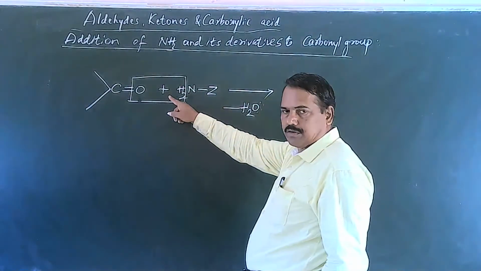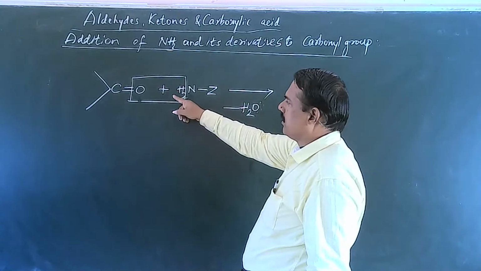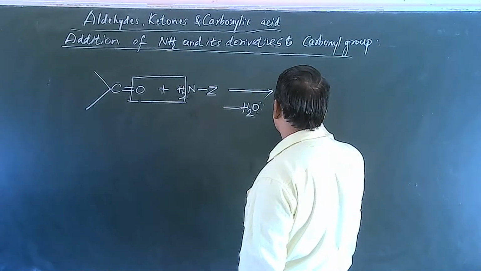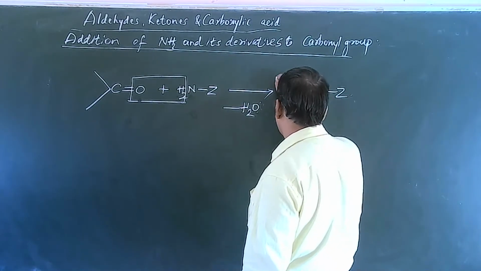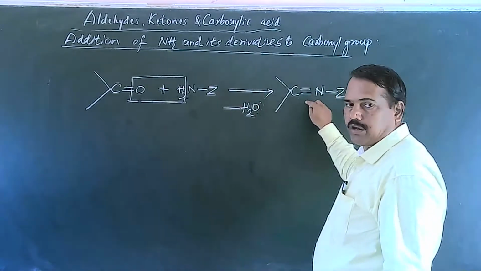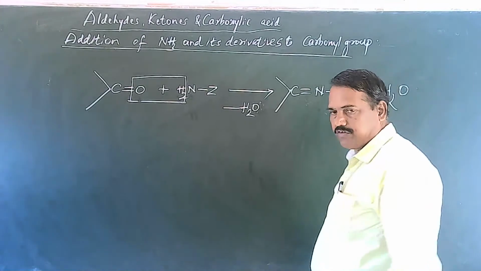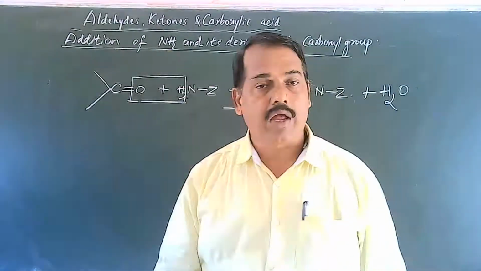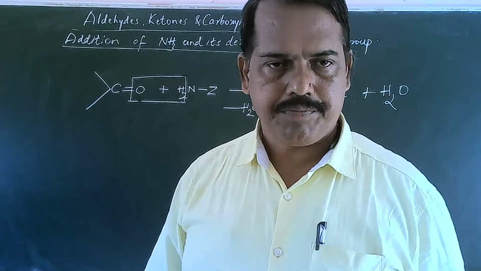No doubt it forms an intermediate. What is that intermediate? We shall study. Here a C double bond N derivative is formed. This is very important. By removal of a water molecule, rapid dehydration takes place in acidic medium.